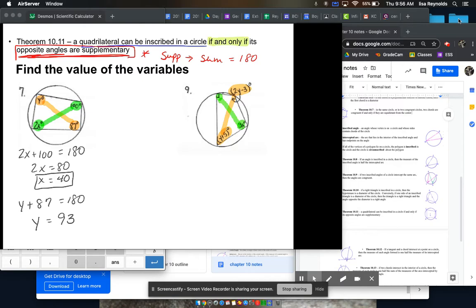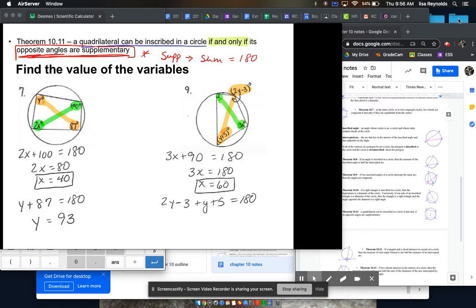So our 3x plus 90 is going to be 180, and our 2y minus 3 plus our y plus 5 will equal 180. So for our x equation, we subtract the 90. 3x is equal to 180. Divide by 3, x is equal to 60.